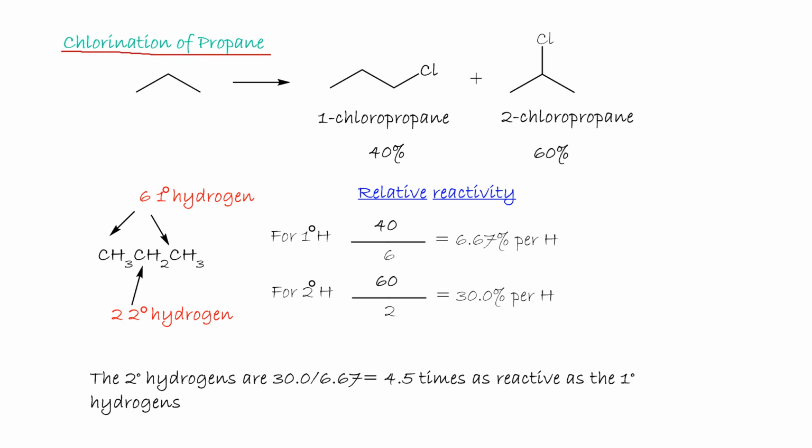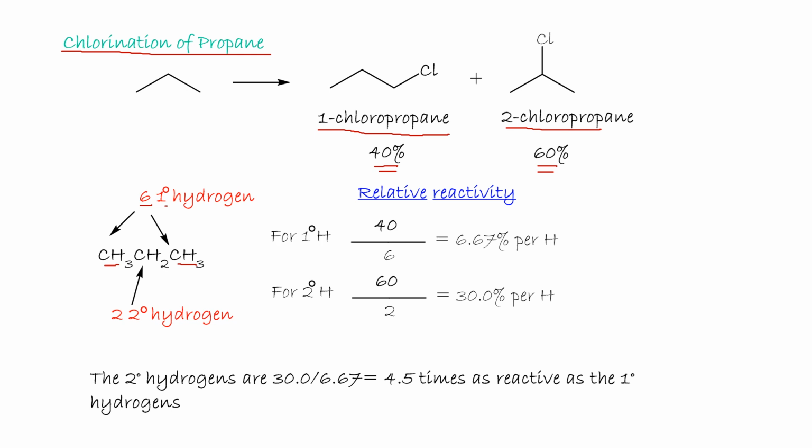Chlorination of propane. Propane with chlorine in presence of UV light gives 1-chloropropane 40% and 2-chloropropane 60%. Looking at the propane structure, we have CH3 groups whose hydrogens are identical via symmetry.